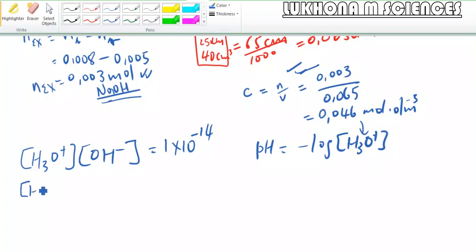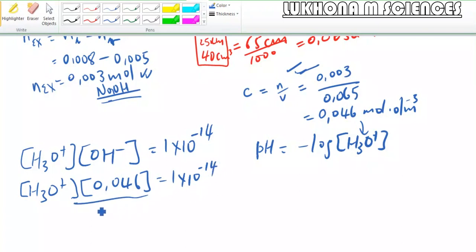We are looking for the concentration of H3O plus. OH minus is 0,046. The concentration of H3O plus times 0,046 is 1 times 10 to the power negative 14. Then we divide by 0,046 on both sides.